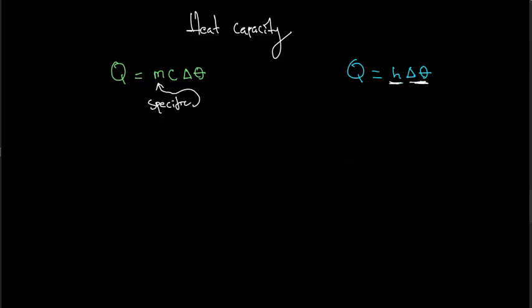And most of the time, this is the most popular formula we use. So this is the formula we make use of most of the time. But it's also helpful to know that there's a formula for heat capacity as well. Now, the relationship between heat capacity and specific heat capacity would be to equate what is common between them.